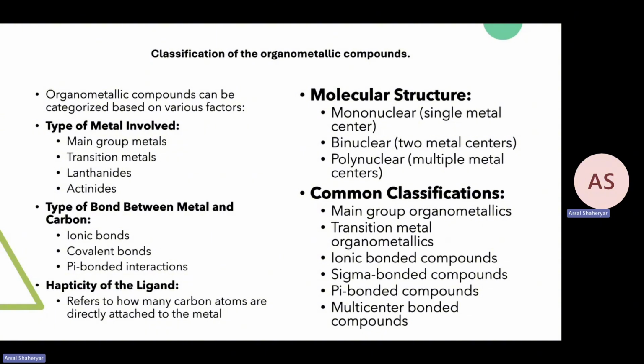Molecular structure: mononuclear, which means single metal center; binuclear, two metal centers; and polynuclear, multiple metal centers. And then some of the common classifications: main group organometallics, transition metal organometallics, ionic bonded compounds, sigma bonded compounds, pi bonded compounds, and multi-center bonded compounds.